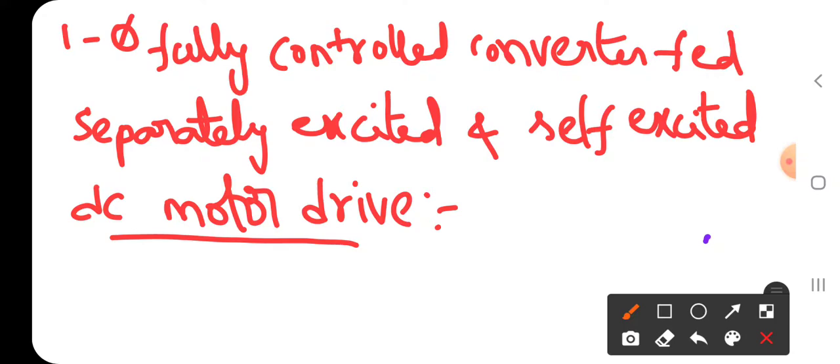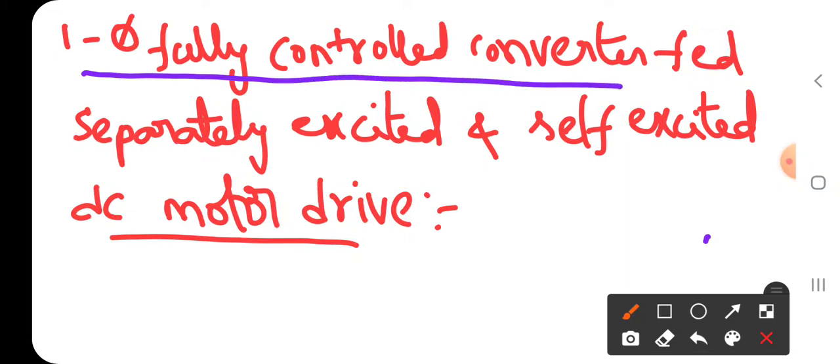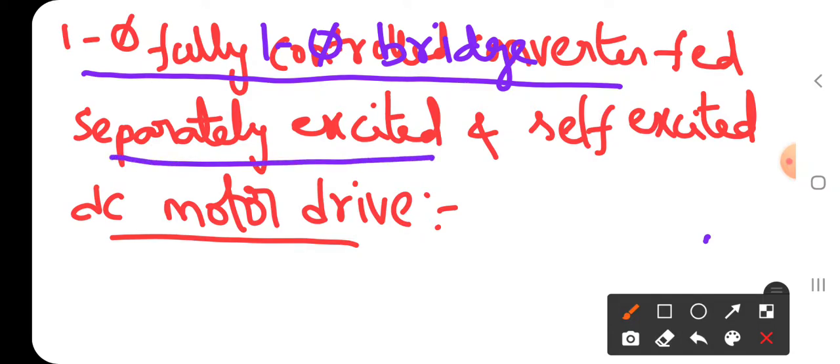Here, single phase fully controlled converter means I will take a single phase bridge converter. Separately excited DC motor means the armature and field are both excited separately.